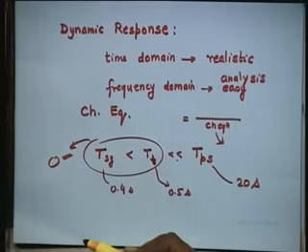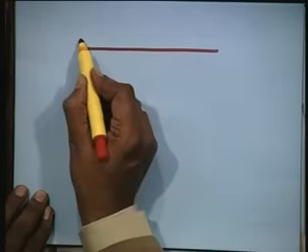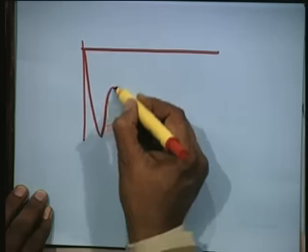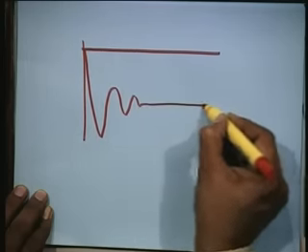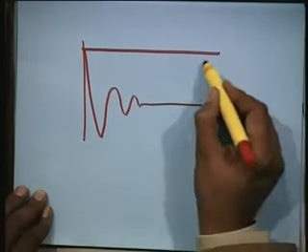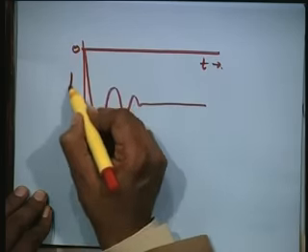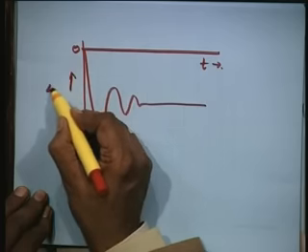So, when you solve this and finally, if you plot the dynamic response for that isolated system whose block diagram we drew yesterday, then what will you get? This is the dynamic response, this is the time, and this is the change in frequency, delta f.